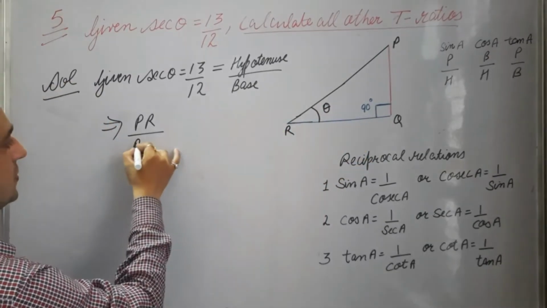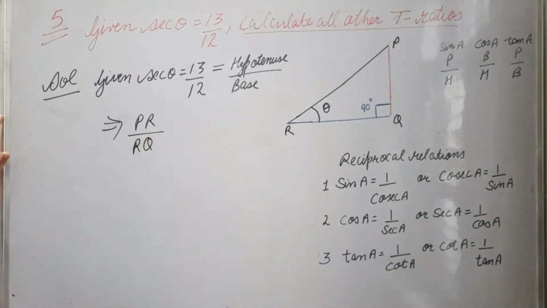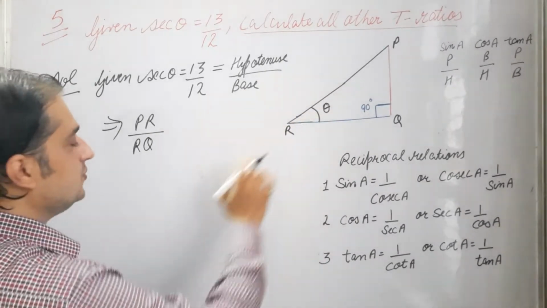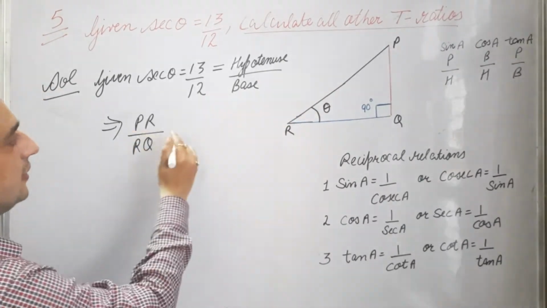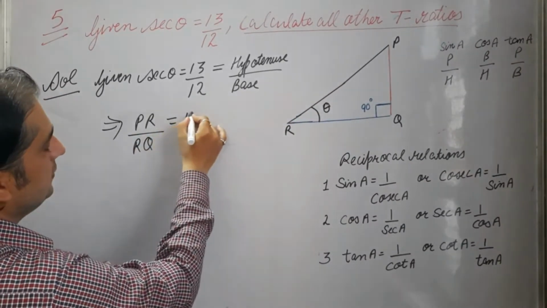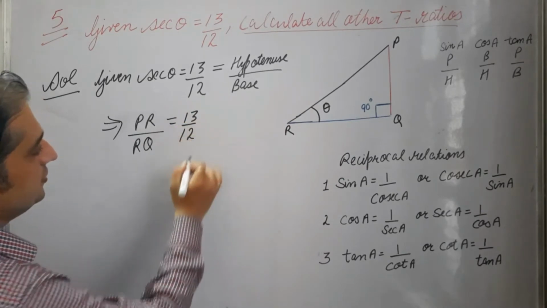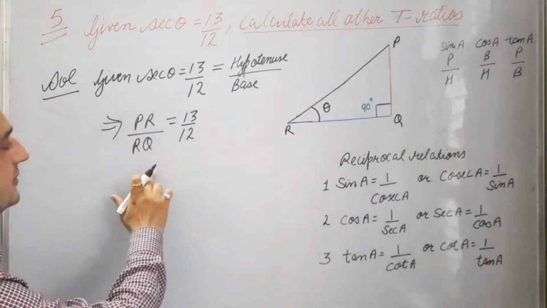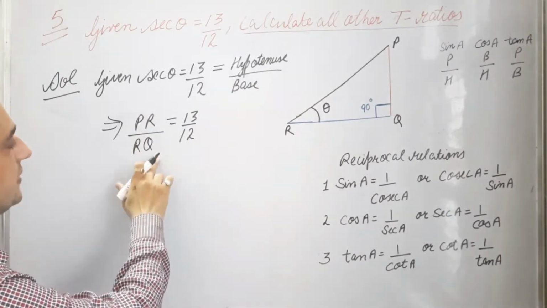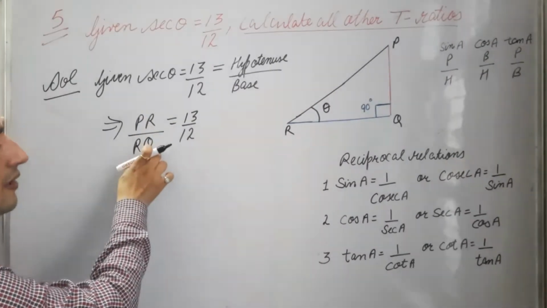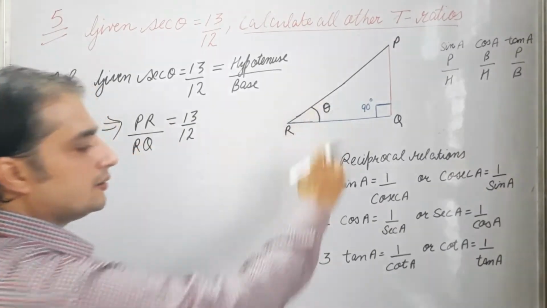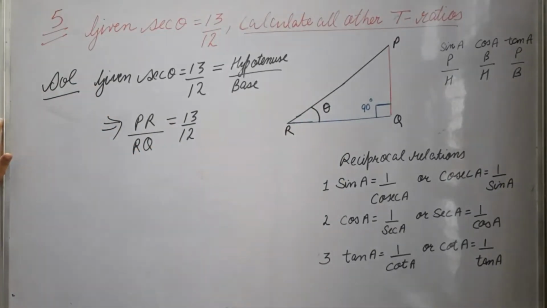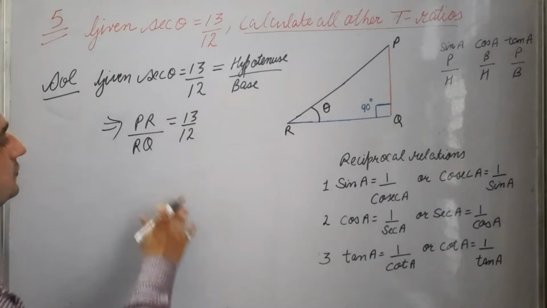This RQ is the side adjacent to the angle theta. So this will become 13 by 12. This is the ratio of the two sides, and those sides are PR and RQ with respect to angle theta, right?